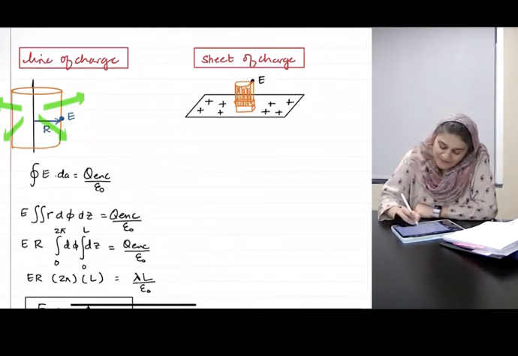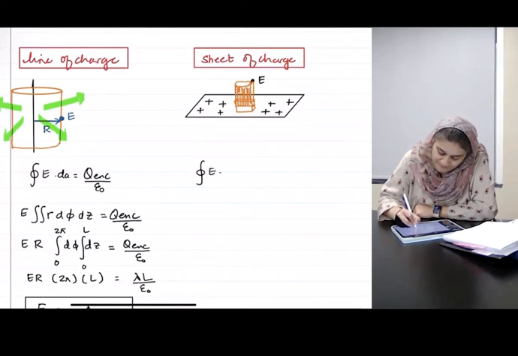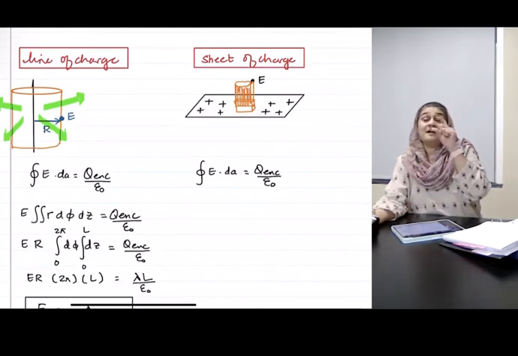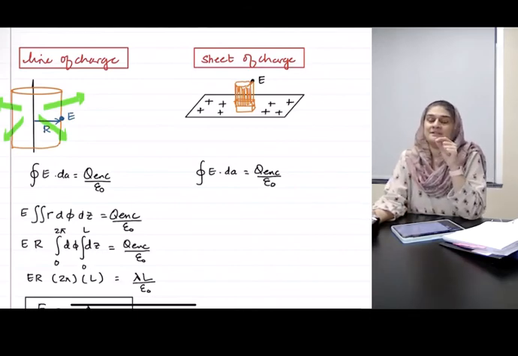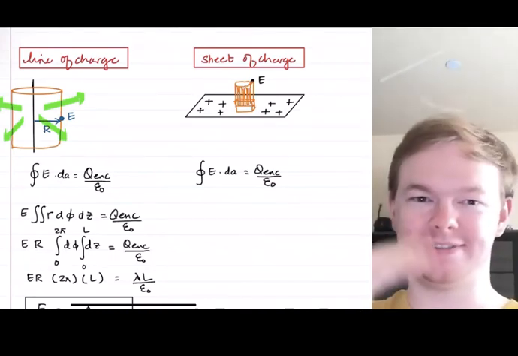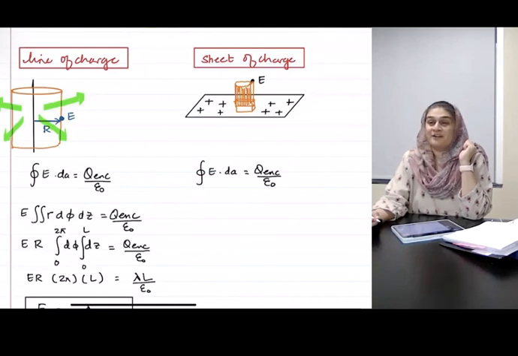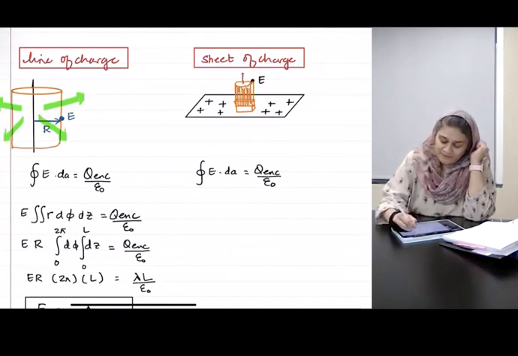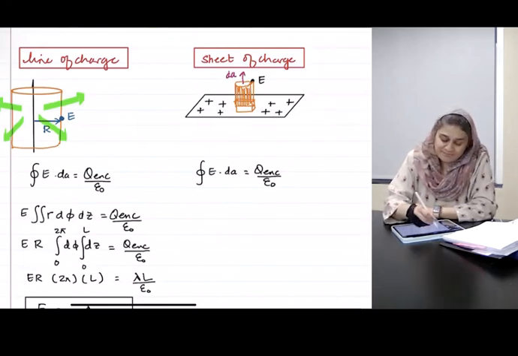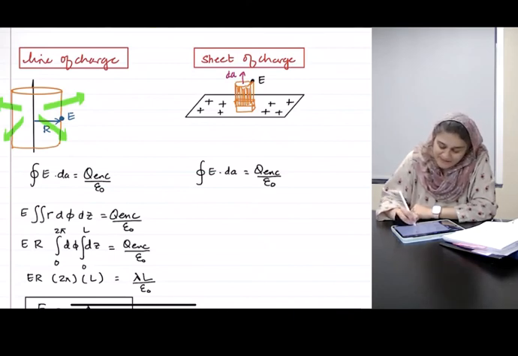How will I write Gauss's law for this case? What side matters in this case for the Gaussian surface? Do the sides matter? No. The vertical surface is the only one that matters. Very good. So now my dA will go this way.